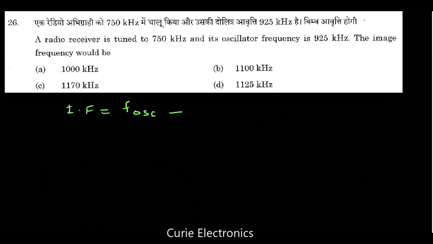F oscillator is 925 kHz minus the signal frequency we are tuned to, 750 kHz. So the intermediate frequency is 175 kHz.